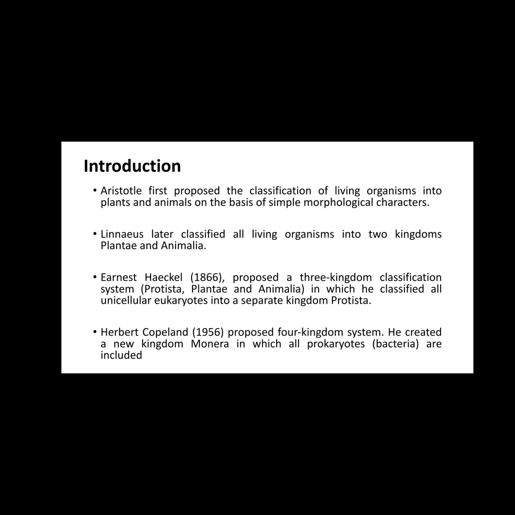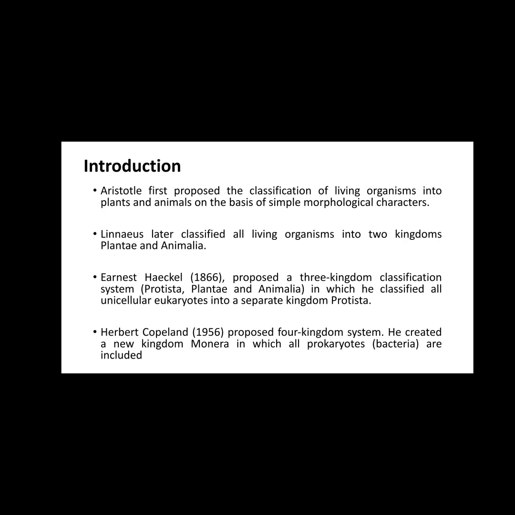Then Linnaeus classified living organisms into two kingdoms: Plantae and Animalia. Ernst Haeckel proposed a three-kingdom classification in which he classified all unicellular eukaryotes into a separate kingdom, Protista. So in his three-kingdom classification, one is Protista, one is Plantae, one is Animalia.